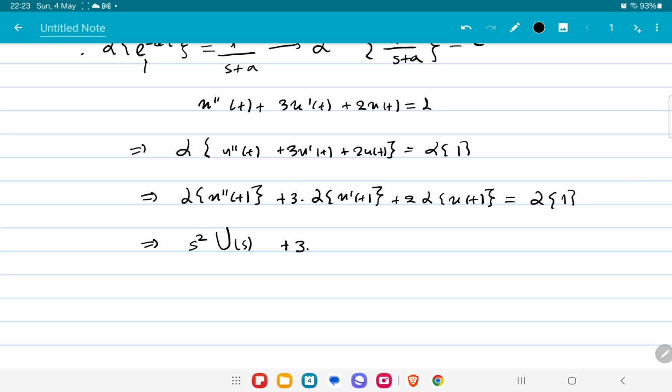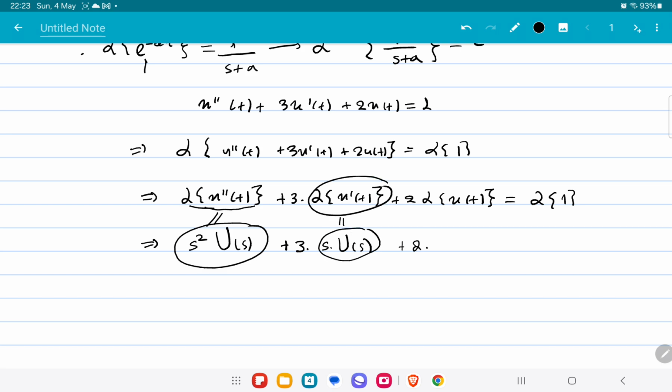Plus 3 times the Laplace of the derivative of the function, which is s times U of s, plus 2 times the Laplace of u of t, which is capital U of s, equals, as we said before, the Laplace transform of the constant function, 1 over s. We can take U of s as a common factor, and we have s squared plus 3s plus 2 equals 1 over s.